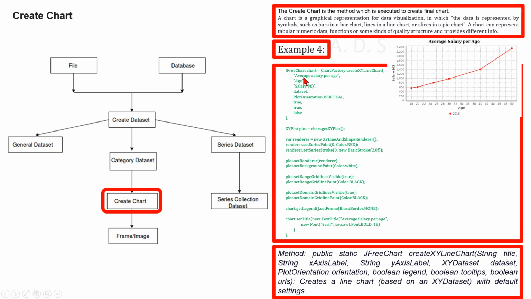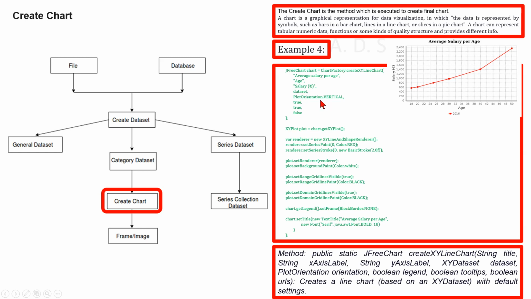Here title, the chart title, null permitted. Here x-axis label, a label for the x-axis, null permitted. Here y-axis label, a label for the y-axis, null permitted. Dataset, the dataset for the chart, null permitted.